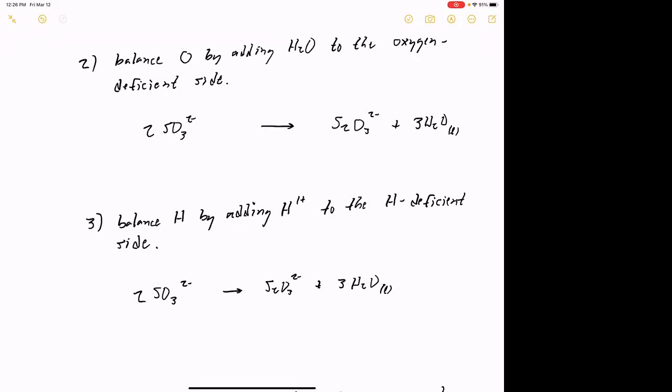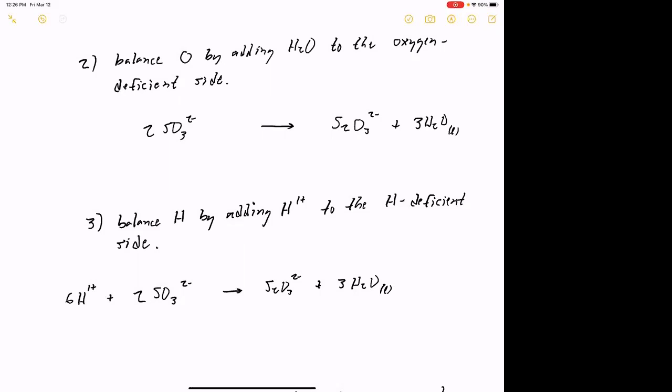I'm going to account for that by adding hydrogen ions. How many do I need to put over there? 6. Very good. 6 hydrogen ions, good. Now those are going to be in aqueous solution, so I'll just leave that off. All right, so now we're almost there, guys. All the elements are balanced out, okay?